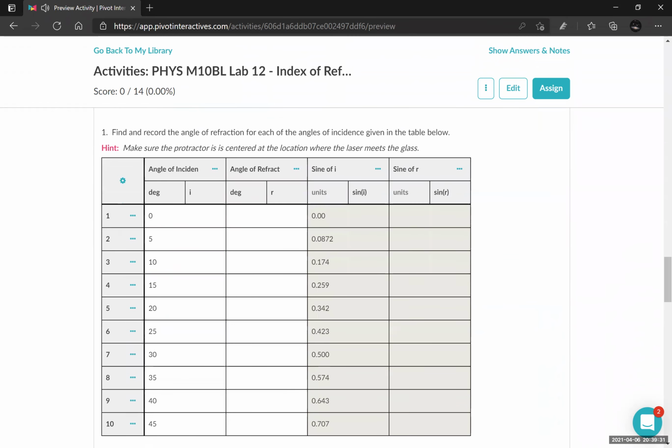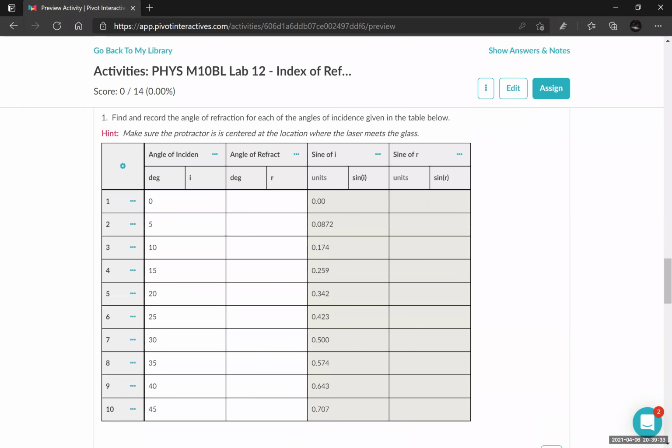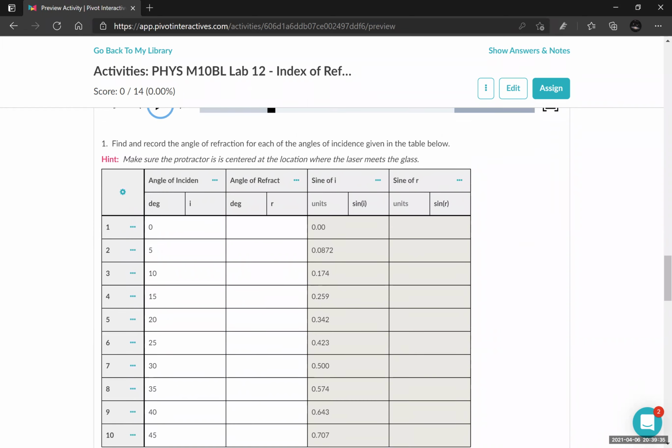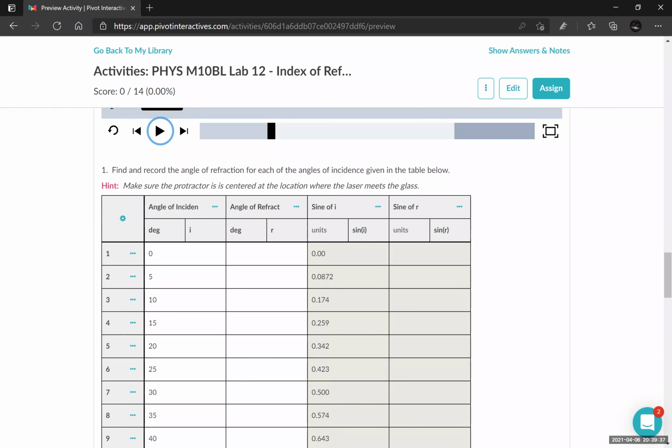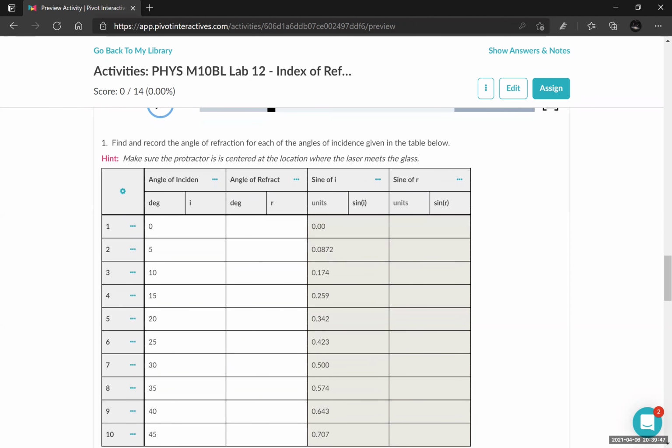I give you everything up to 45, but you can continue from that. Then you have the angle of refraction, then you have sine of I, which is incident, and sine of R, which is refracted. You're going to continue all the way to about 70 degrees. So make sure that you have increments of 5 and go all the way to your last measurement, which goes clockwise from 0.